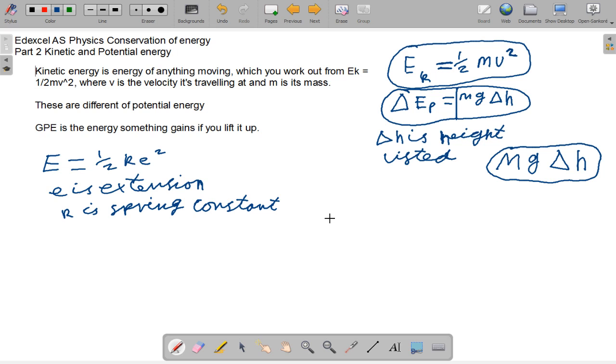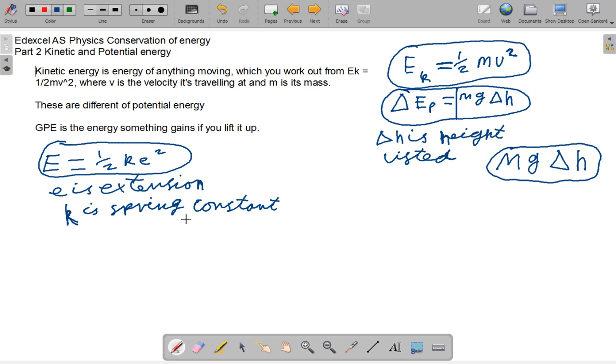And if we use elastic potential energy, we can use the equation E equals half ke squared, where e is the extension and k is the spring constant. This is why you must always write your r's and your k's with longer tails.